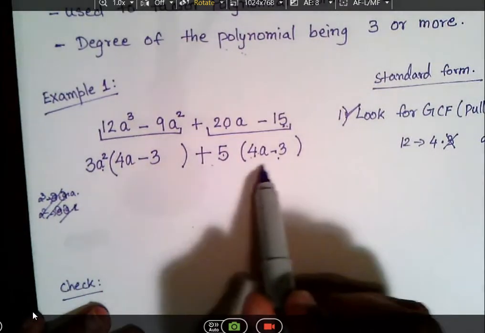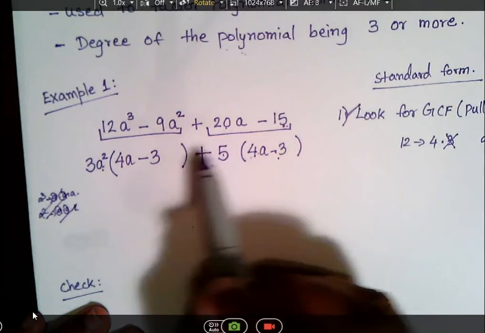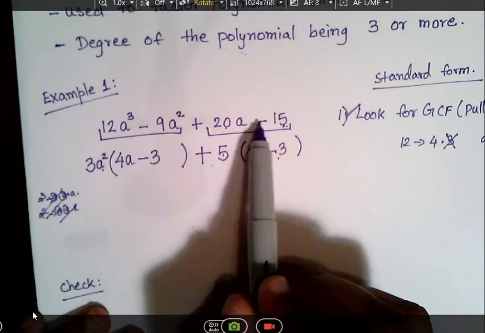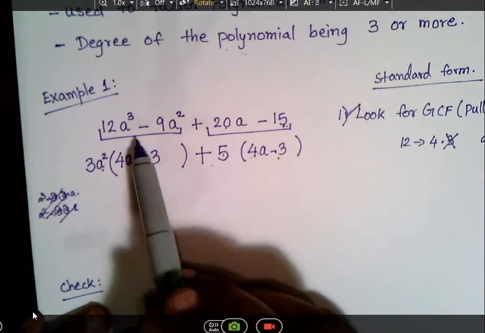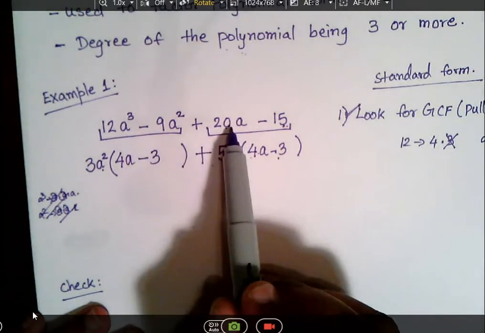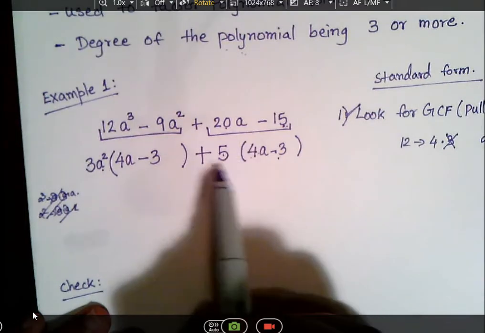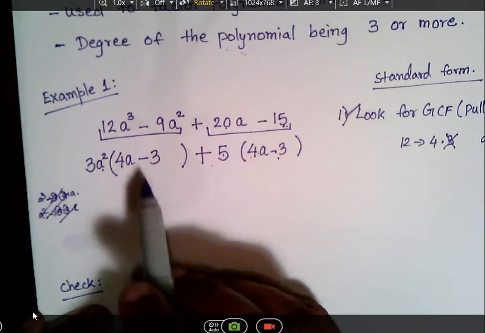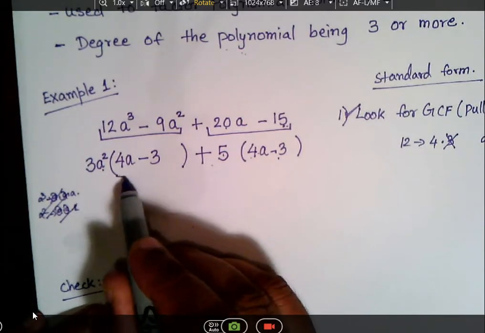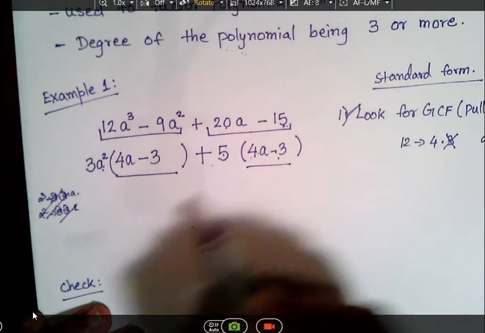So I have this step, all right? So from here, I grouped the first two terms and the last two terms, and I pulled out a greatest common factor between these two terms and these two terms, and I ended up with a common binomial factor between these two. So the common binomial factor is a 4a minus 3.